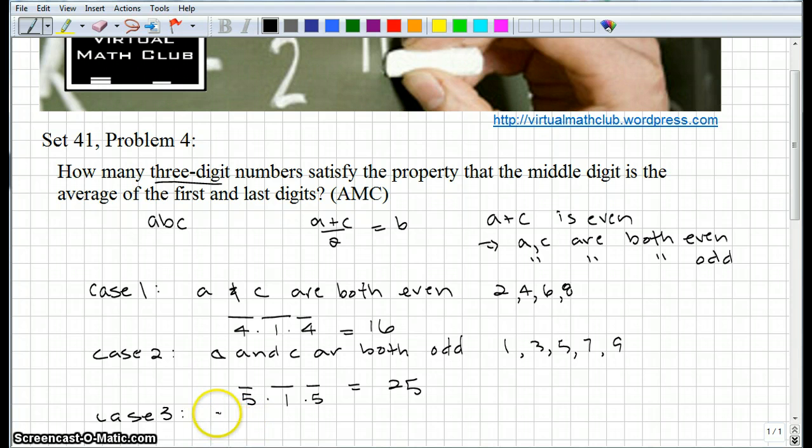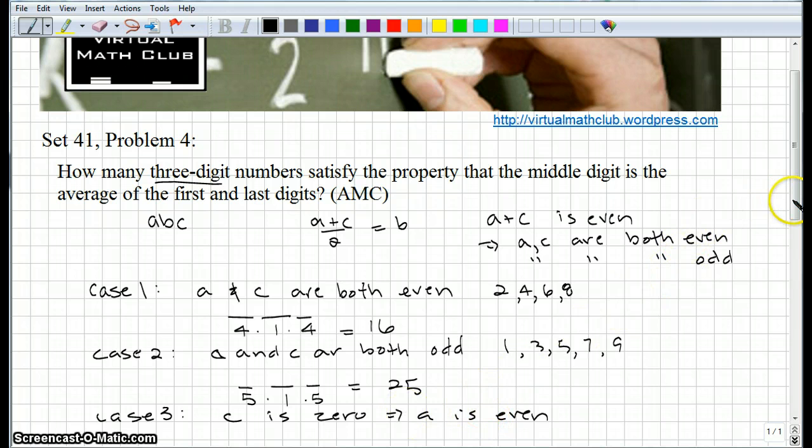Okay, so this is the case where C is 0. And if C is 0, then A is even, right? Because if we add A plus 0, we have to be able to divide it by 2.